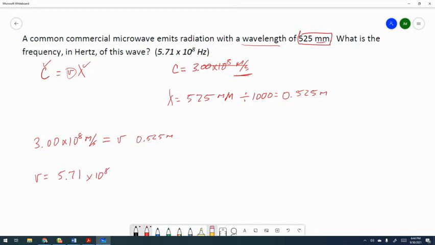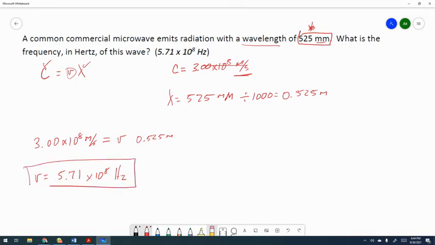When we look at our units, meters per second divided by meters, we have per second, or also hertz. I'm going to keep that with 3 sig figs because the only number we have in our problem has 3 sig figs.